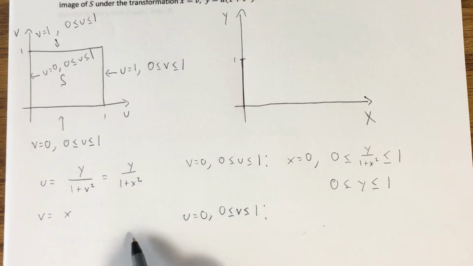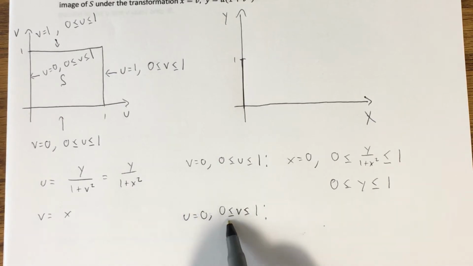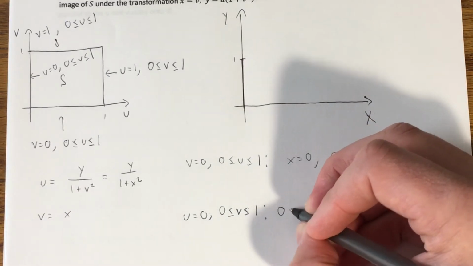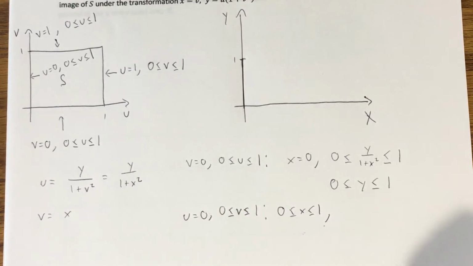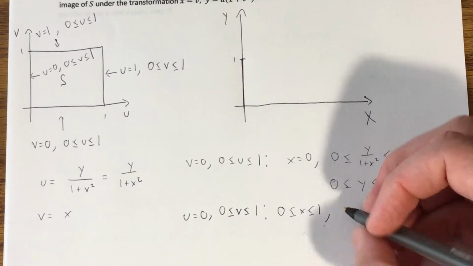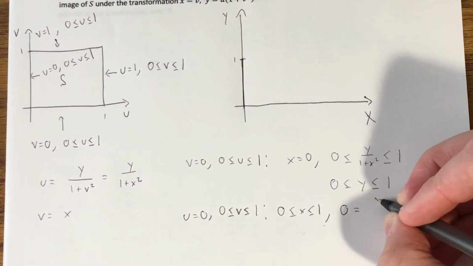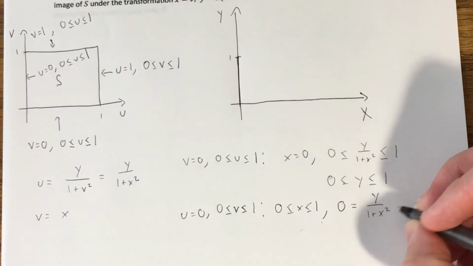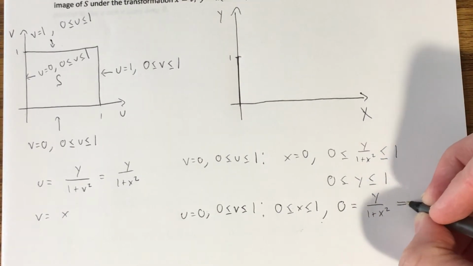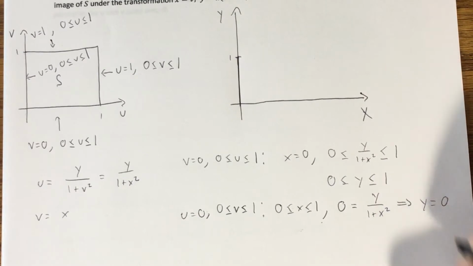If x is equal to v and v is between 0 and 1, then I can say x is between 0 and 1. Okay, now what can we say about y? Well, again, if I substitute u equals 0 in here, I would get 0 equals y over 1 plus x squared. Multiplying both sides by 1 plus x squared shows that y is equal to 0.